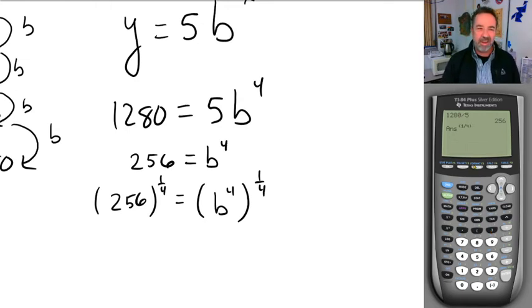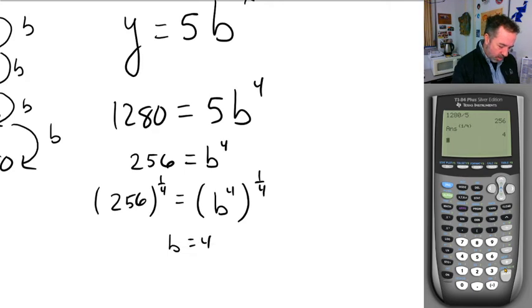Depending on your calculator, I keep showing the use of parentheses. It's completely not necessary on the TI-84 Plus. It will evaluate if I just did 1 divided by 4. But I want you to make sure that you're not raising it to the 1st power and then dividing by 4. That power has to be really 1/4. When I do that, I get exactly the number 4. So I know that b, my multiplier, is 4.